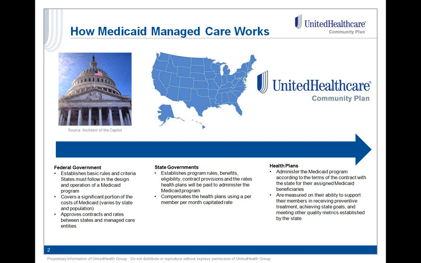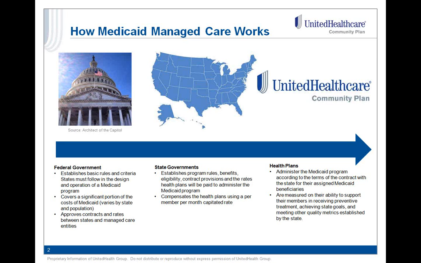The federal government sets some core basic elements that they require be included in a Medicaid plan. State governments have an opportunity to request waivers or changes to those programs, whether it be the populations that they serve, geographies that they are working with, certain benefits that they want to define, or whether they want to use a health plan like a Medicaid managed care program to administer the program.